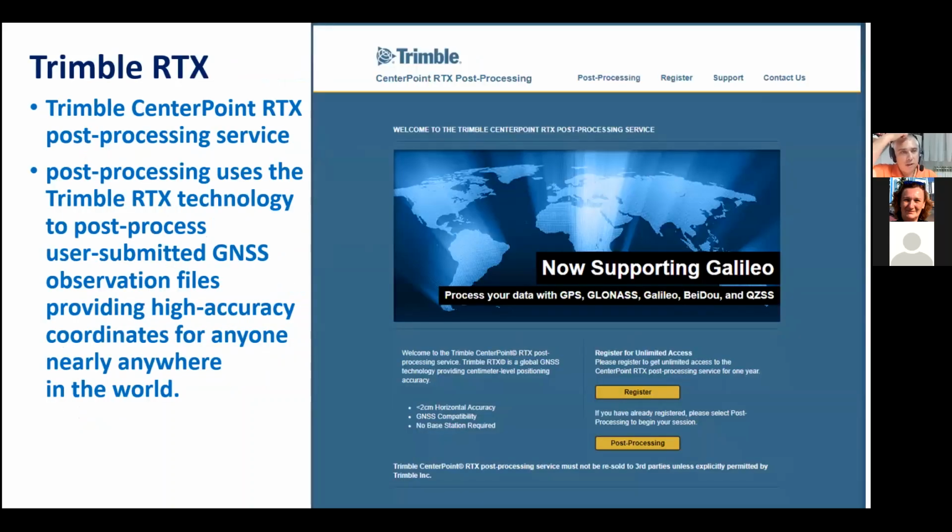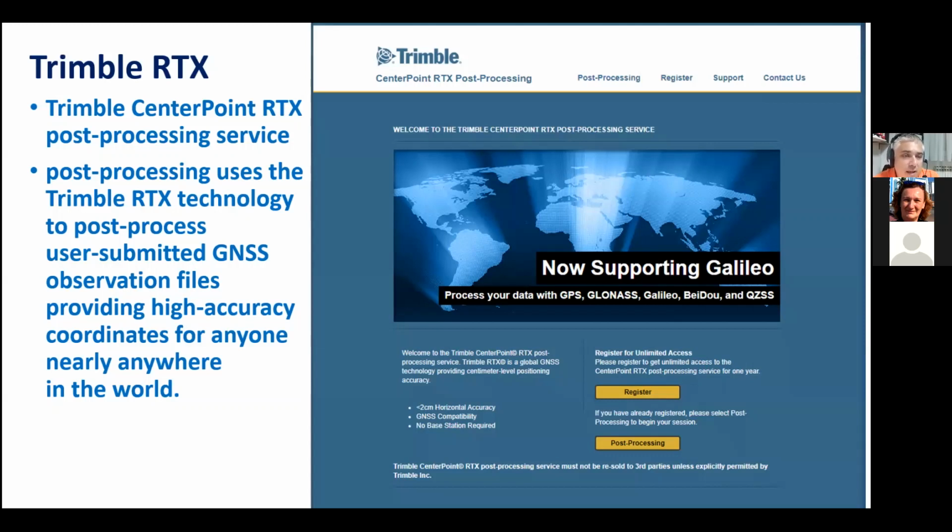So I'm going to dive directly into a PPP online service provided by the Trimble company. The service is called Trimble CenterPoint RTX Post-Processing. You can see on the figure, this is a screenshot of the initial window of that service.